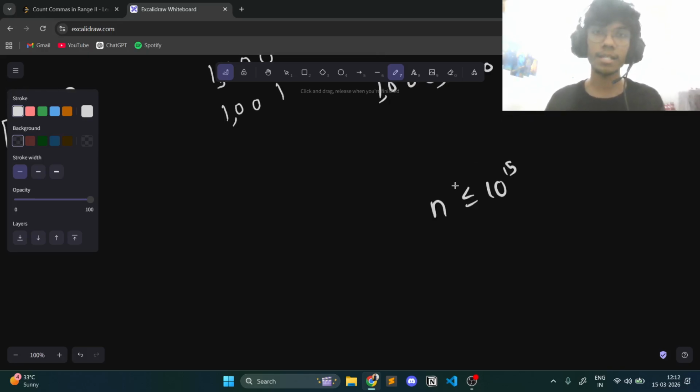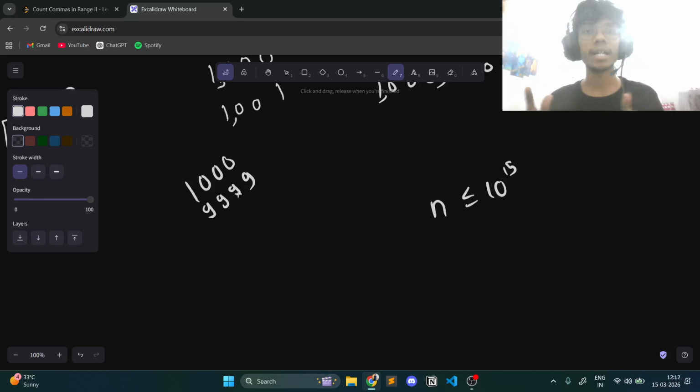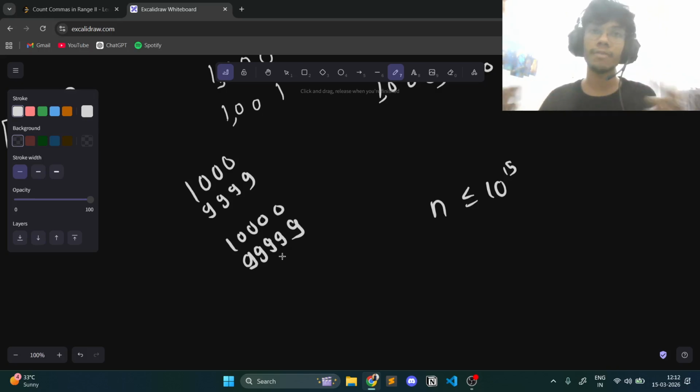If you see carefully, you'll observe that from 1000 all the way up to 9999, these elements would contain the same number of commas. Similarly, from 10,000 all the way up to 99,999, these values will also contribute the same number of commas, because essentially I'm not increasing the digit size, right?